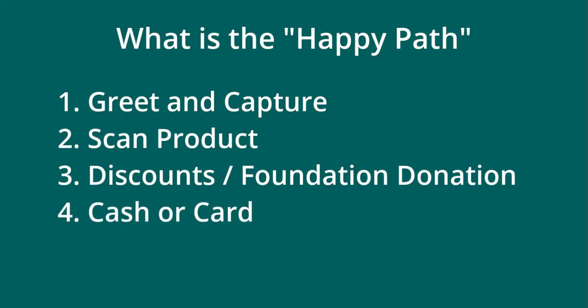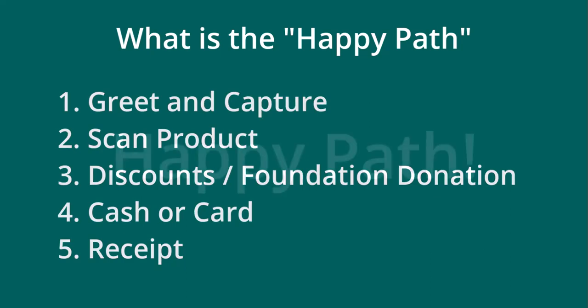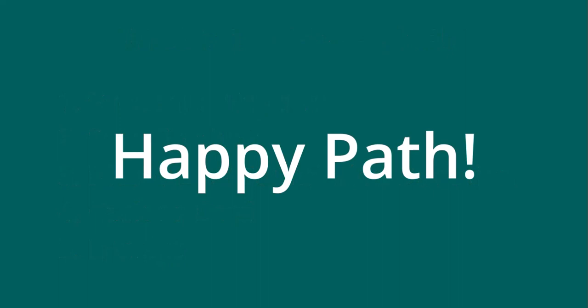We ask if they're using cash or card, unless we're at a card-only register, of course. Finally, we ask if they would like an email receipt as well as their paper receipt, and send them on their merry way. So we greet and capture, scan product, add discounts or donations, tender their payment, give them their receipt. That is the happy path. Sounds easy, right? Well, it is, so let's do it.